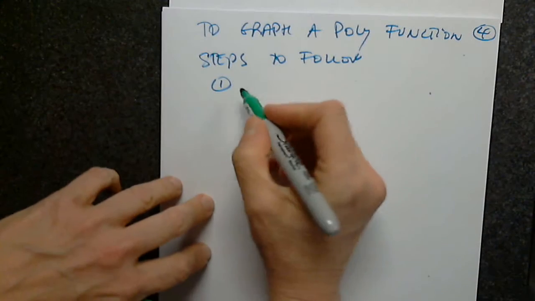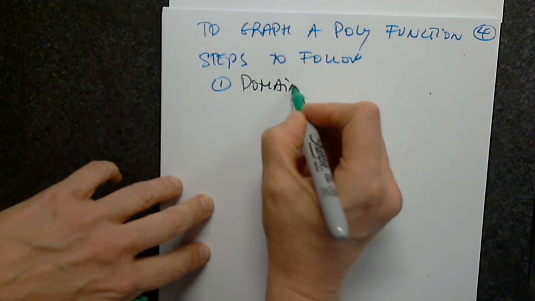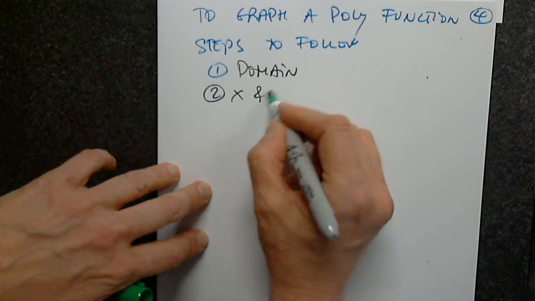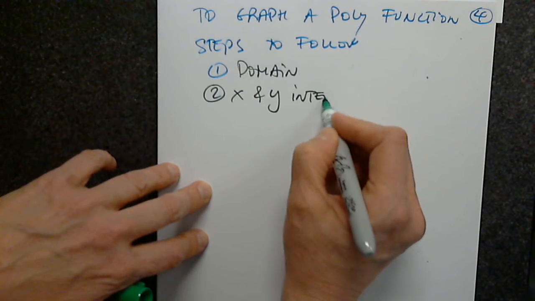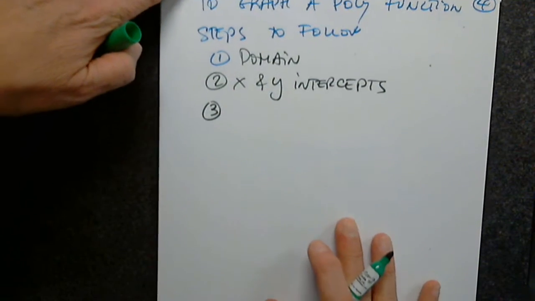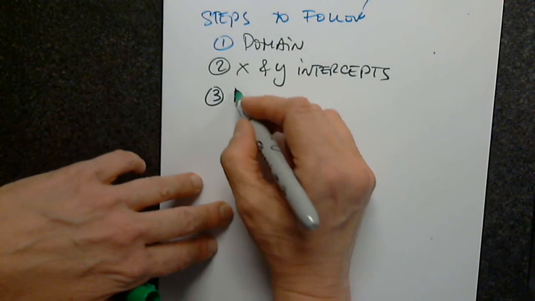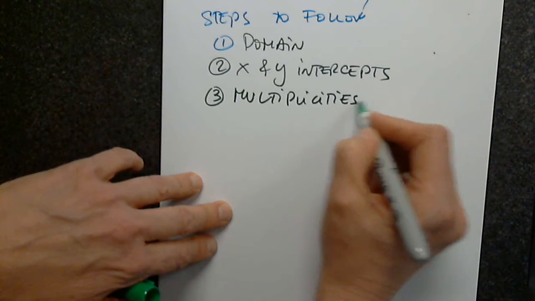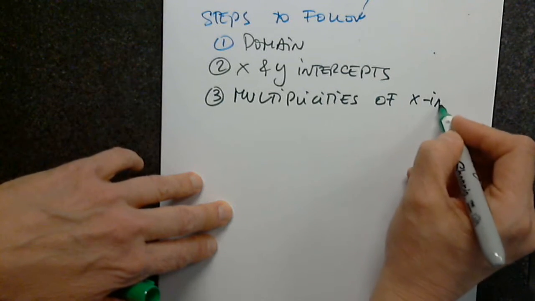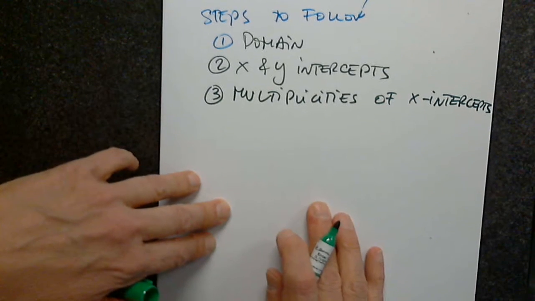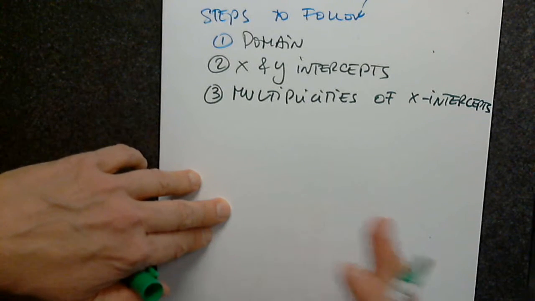So 1, domain. 2, x and y intercepts. 3, multiplicities of x-intercepts. Why? Because I know what happens.